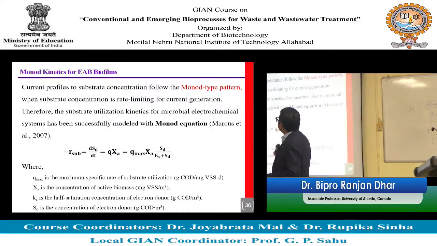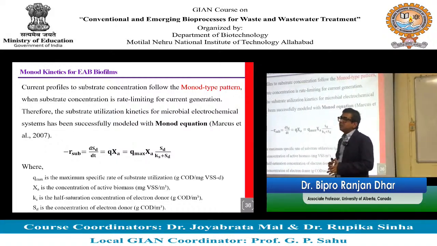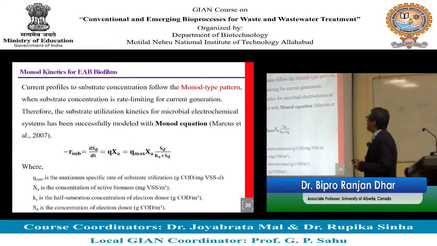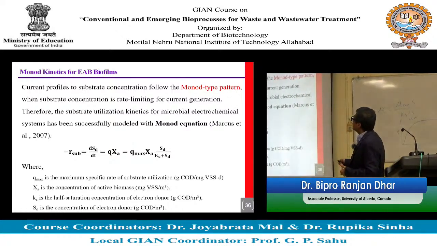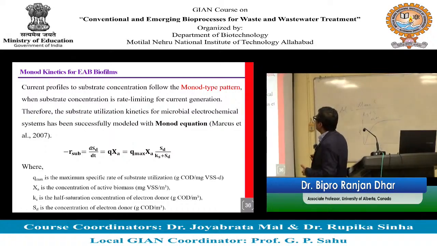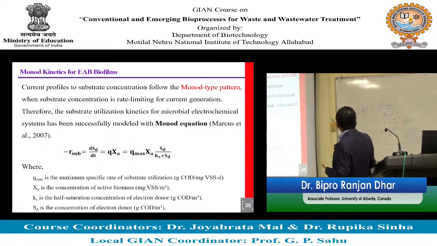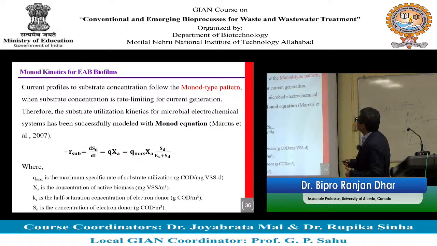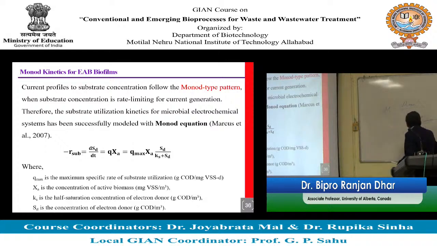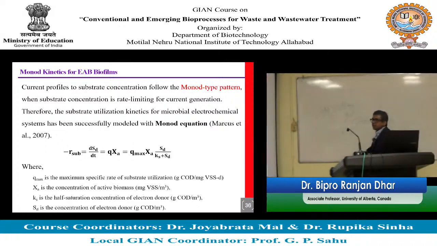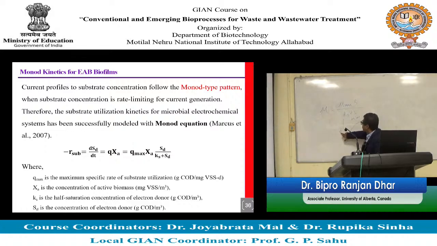So let's see how we can apply the Monod equation to EAB biofilms, electroactive bacterial biofilms. The current profile versus substrate concentration follows a typical Monod pattern when substrate concentration is the rate-limiting factor for current generation. Here substrate is the rate-limiting factor, but instead of growth, we consider the current density as the output.